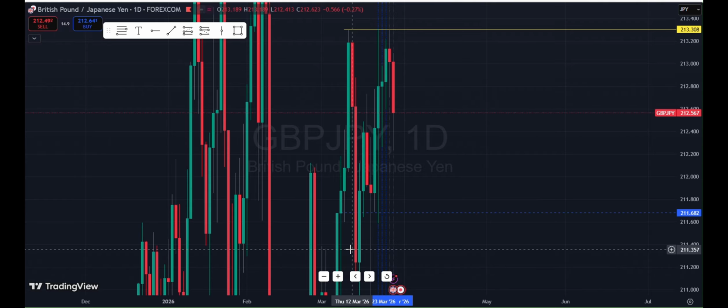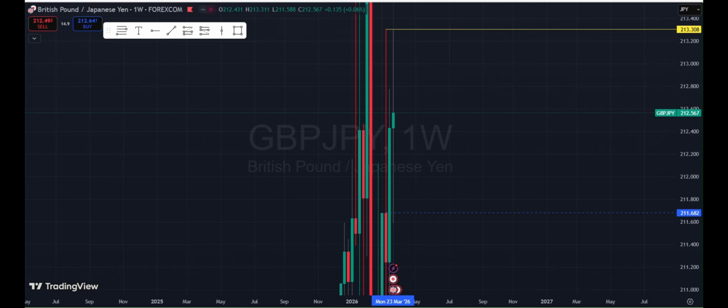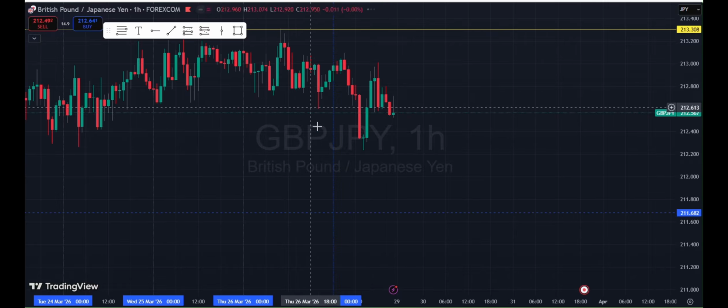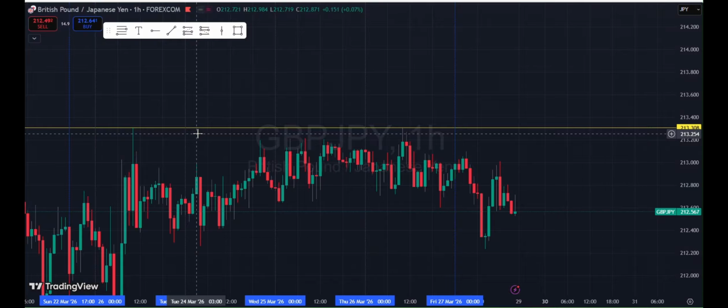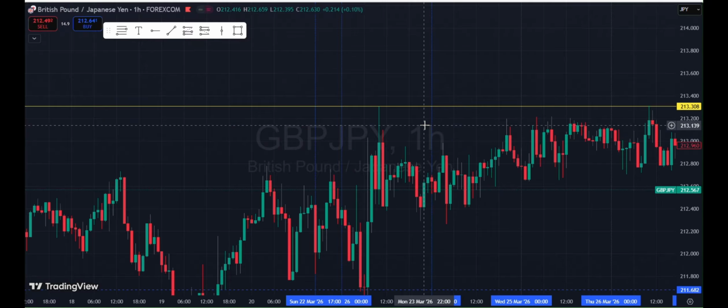That is the 211.683 level. It respected that, and then price started to go up. That's the order block on the weekly, sorry, the 211.683 level. We respected it on Monday, and we were expecting price to take out the liquidity.